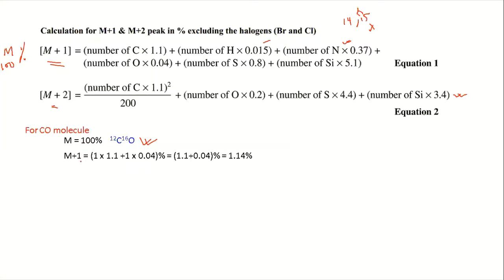Now for M+1, I have to take the calculation from here. I have to put carbon 1, so 1 into 1.1, plus oxygen 1, and its abundance is 0.04. That I have to consider.